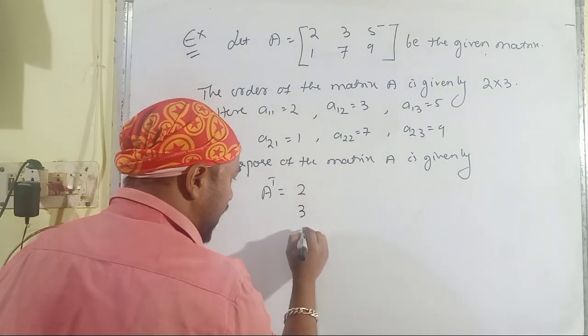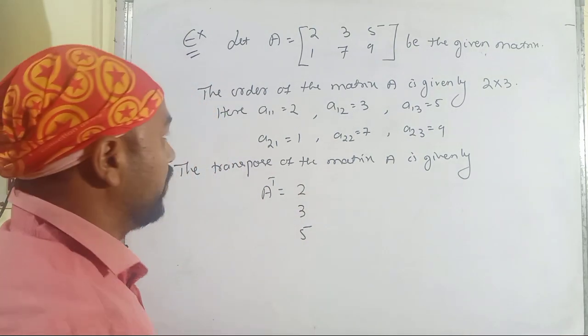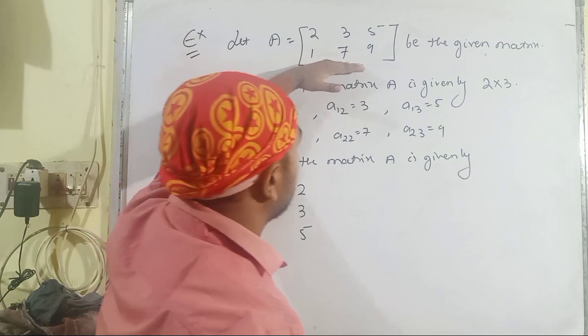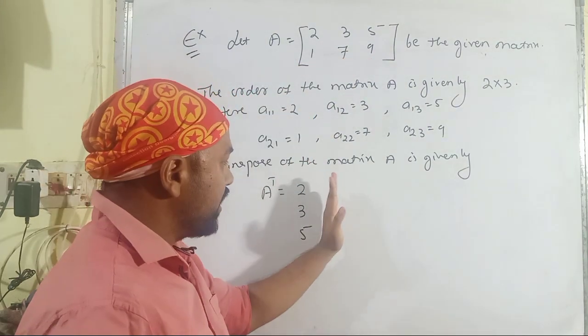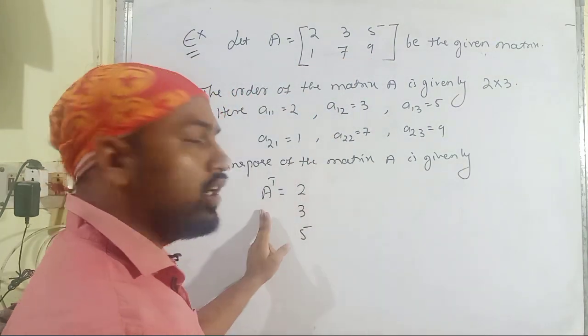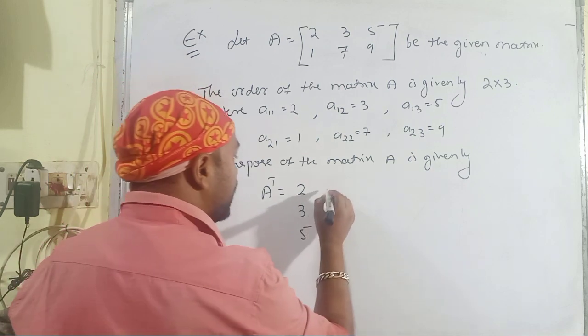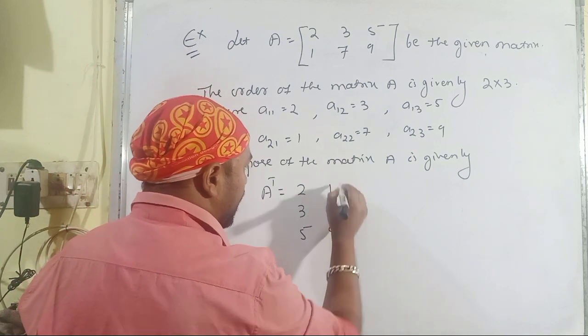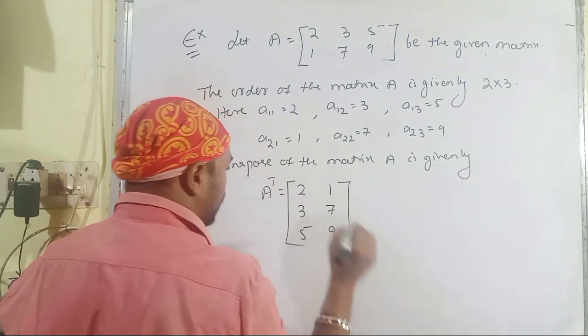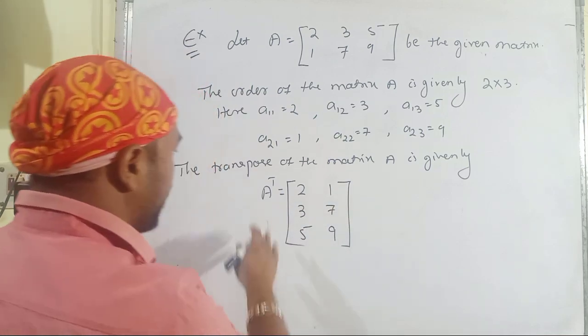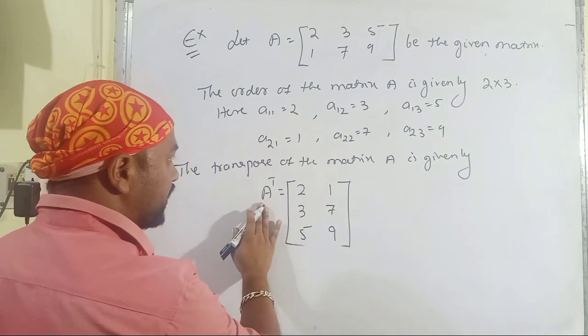That means they will be arranged in the first column. Then the elements present in the second row will be arranged in the second column in the transpose of the matrix A. So here is the transpose of the matrix A.